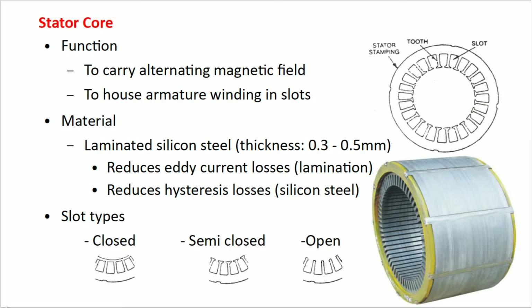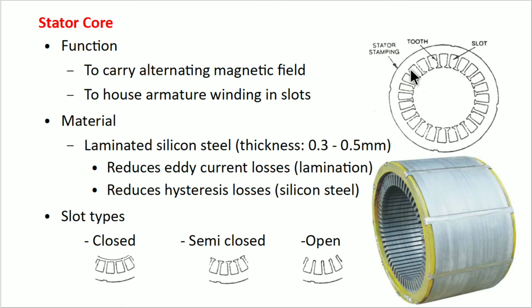Next is the stator core. The stator core is made of silicon steel laminations. One of the laminations is shown here. These laminations are insulated with a coating of varnish and are assembled together to this hollow cylindrical shape under hydraulic pressure.